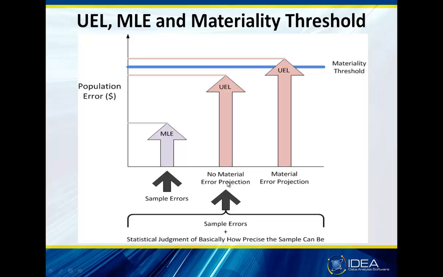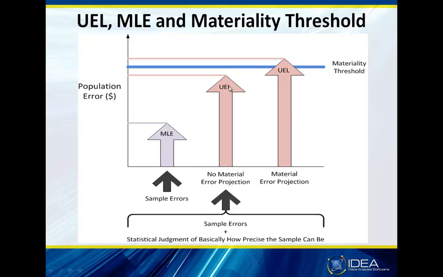The upper error limit, if there's no material error projection, would lie underneath this predefined materiality threshold. If there is material error, that means there's possibly more error in the population than the auditor was originally willing to accept. So in this case, we would have to consider other options, such as resampling or suggesting changes to functional areas in terms of record keeping.